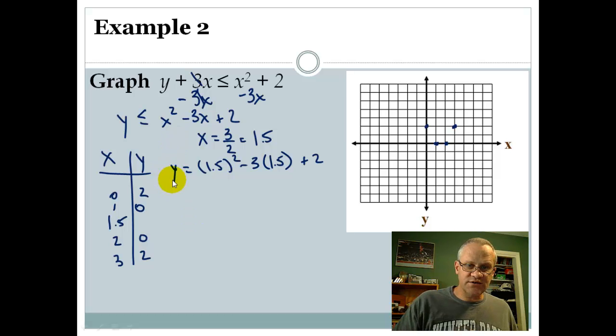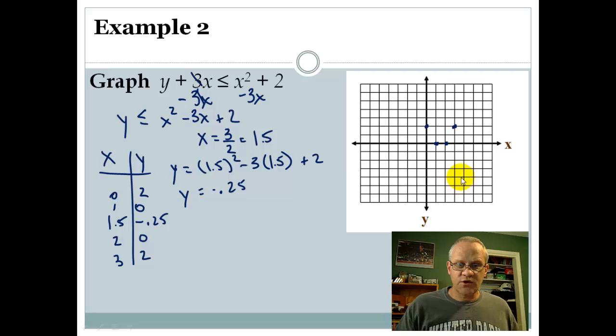And what I get there is that y equals negative 0.25. So this is a negative 0.25, which kind of makes sense, doesn't it? It's going to go 1.5 and then a negative, so it's just going to drop about right here. And that seems to make sense with where all the other points are.